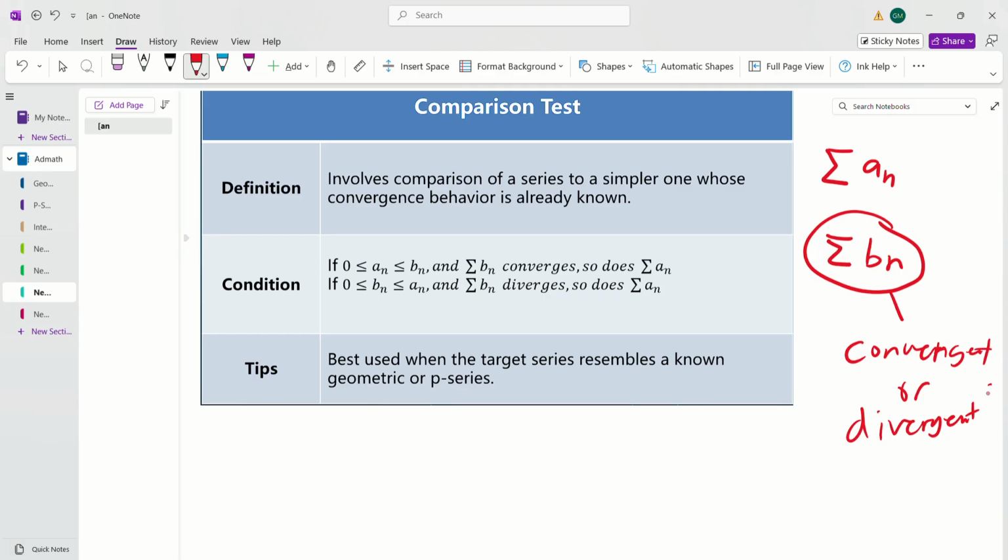I just make it simpler, simple for you to understand. This comparison test is best used when the target series resembles a known geometric or p series. So it is easy to use when our summation of b sub n is a geometric or p series. Let's have an example here.